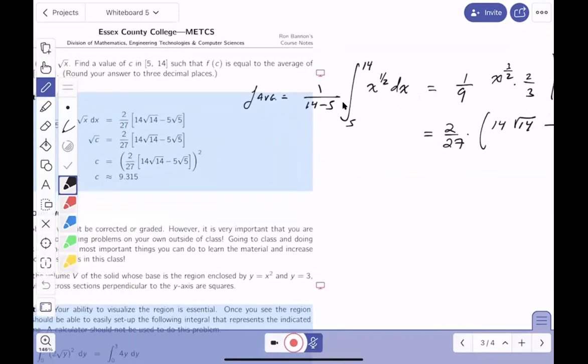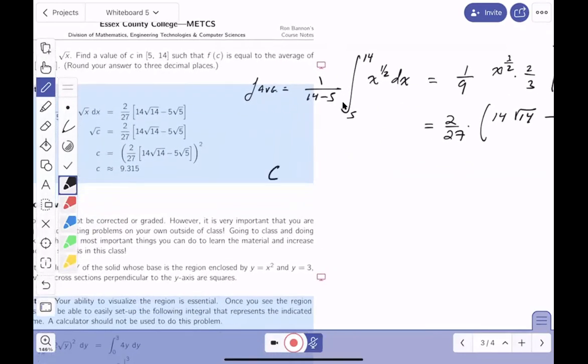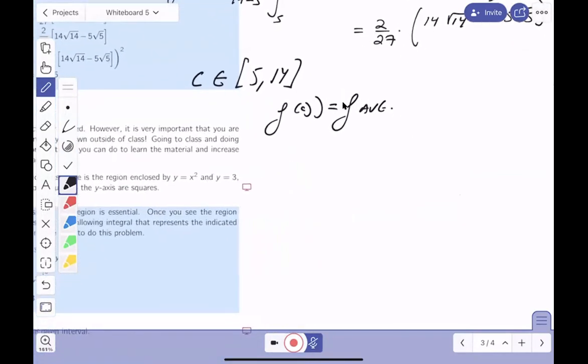Again, let's go read it where they say, you want to find the number c on the interval between 5 and 14 such that f of c is equal to f average. Again, it looks challenging for me. I think I made a mistake in the penmanship over here. Let me clean it up.